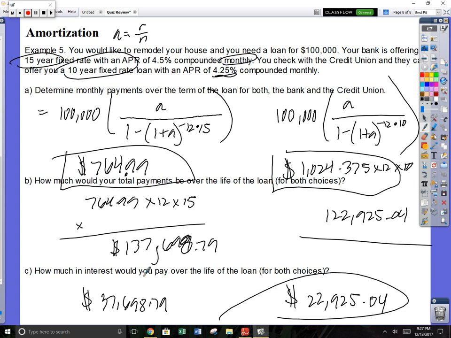So the majority of Americans are going to go with this. The $764 payment is easier every month to make. They don't mind paying the extra interest overall, and the banks are making tons and tons of money. So you need to start a bank.